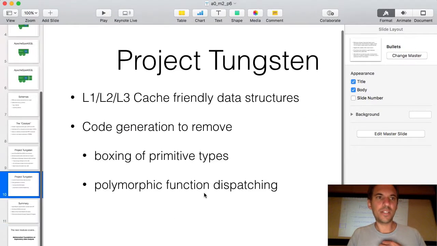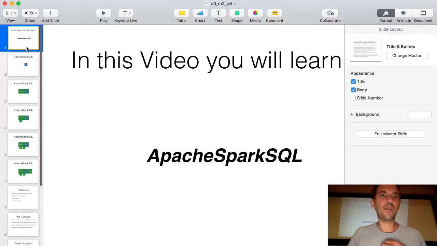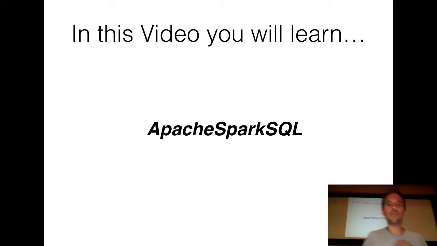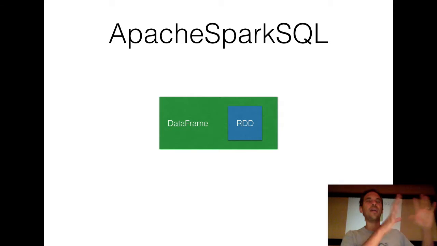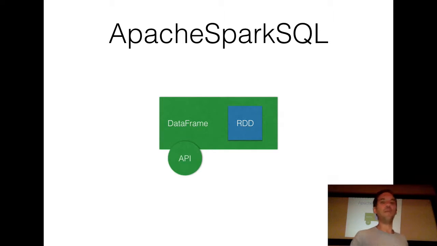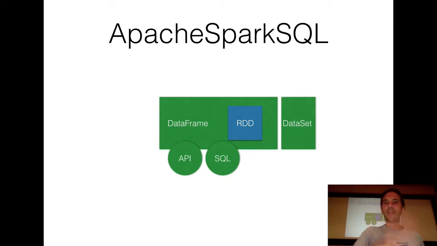Next one is very interesting in my opinion. So Apache Spark introduced the concept of Spark SQL, so you can run Spark queries against RDDs. That's done by wrapping the RDD with another structure called a Dataframe. The data frame has two APIs, a relational API. So you can, for example, call select or group by on the data frame. Or you can directly create SQL statements against virtual tables. There's something else called dataset, but it's only applicable to Java and Scala.